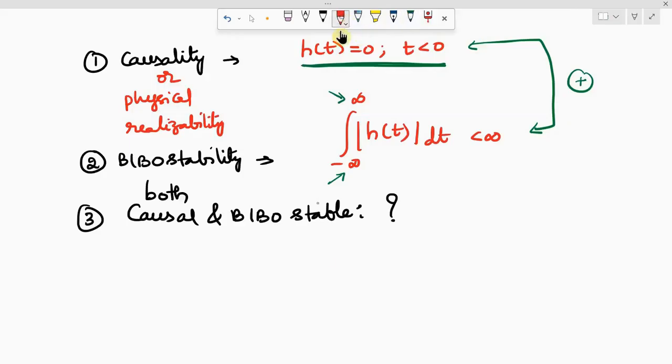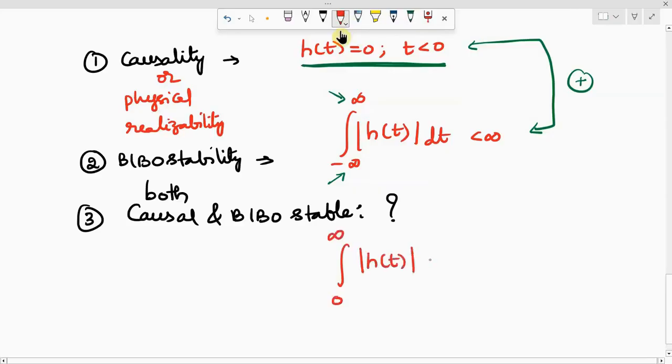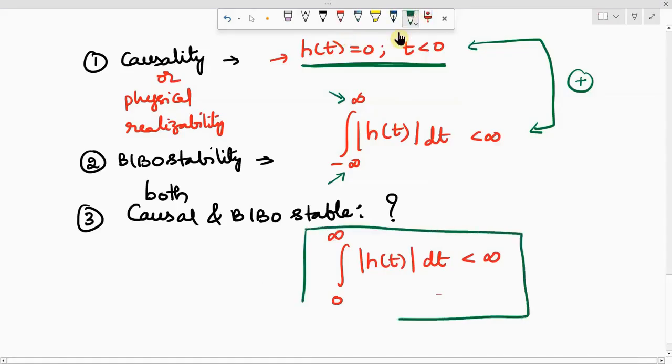So the integral from 0 to infinity of mod h of t dt is less than infinity. This is the condition, since h of t is 0 for t less than 0, and that can be applied in the second one. Therefore, the integral will not have the negative limits. It will be from 0 to infinity of mod h of t dt less than infinity. This is the condition for causality and BIBO stability. Clear?